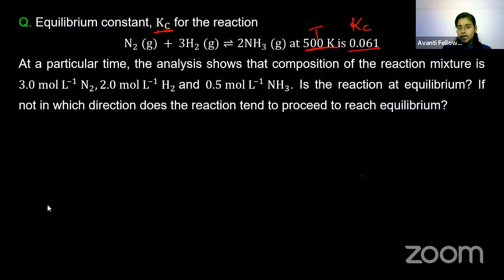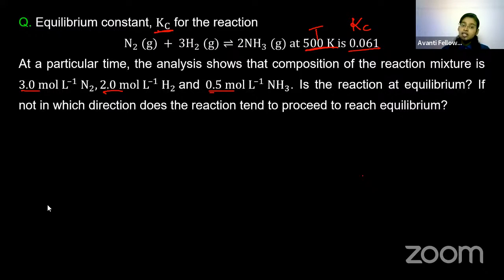At a particular time, the analysis shows that composition of the reaction mixture is 3 mole per liter nitrogen, 2 mole per liter hydrogen, and 0.5 mole per liter ammonia, NH3. Now we have to find out whether the reaction is at equilibrium.